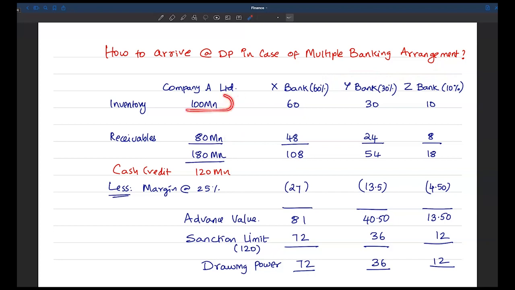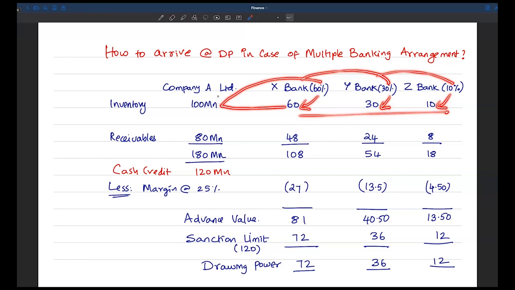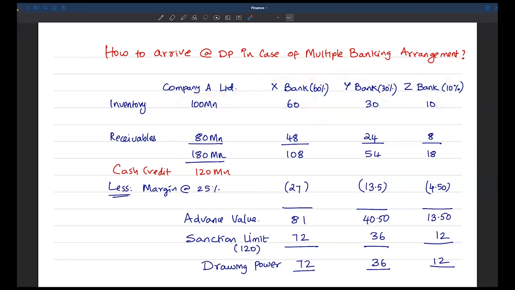So they are having 100 million inventory, 80 million receivable. Of this 100 million, 60% will go to Bank X, and 30% will go to Bank Y, and 10% will go to Bank Z, and these numbers are basically calculated on this 100 million. 100 into 60%, 30%, 10%.